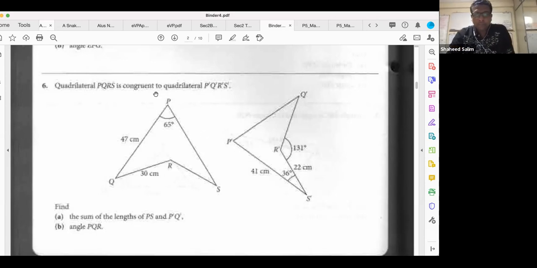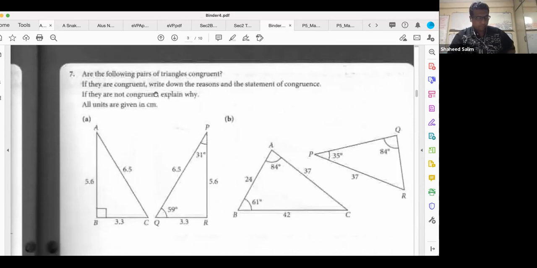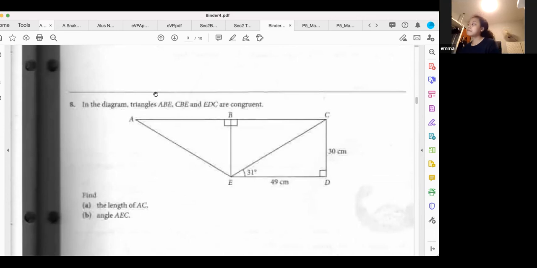So it's easy so far. Okay, let us look at others now. Maybe this one. Can we try this one? Question 8.